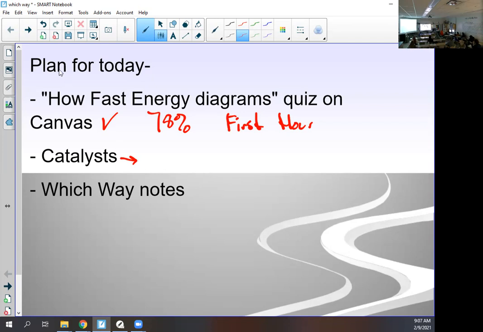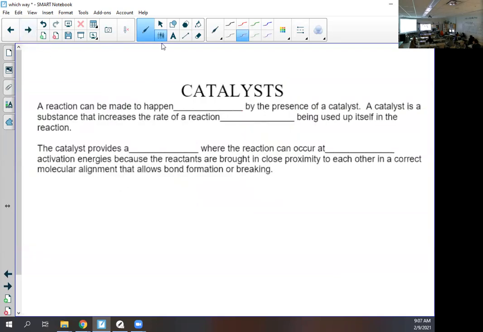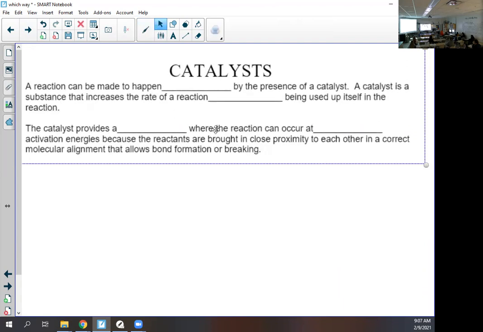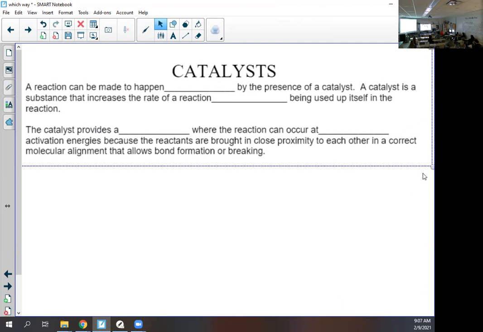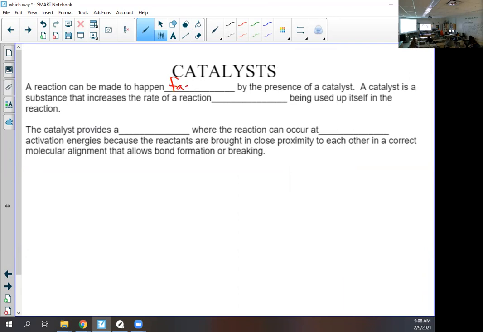Catalysts are pretty easy. So let's just dive in. I have the notes right here. A reaction can be made to happen faster. Faster is the key word here. By the presence of a catalyst.